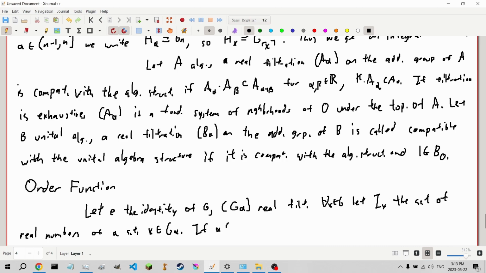If alpha is in I of x and beta is less than alpha, then beta is in I of x, so I of x is an interval.